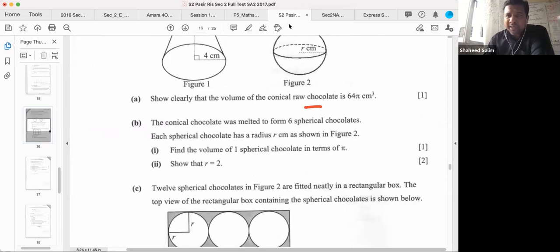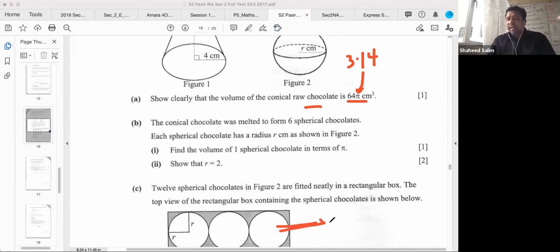So we did not find out the exact figure. Pi is 3 point something, 22/7 or 3.14. So if you don't times the pi, you don't know the exact figure. Your volume of the rectangular cuboid doesn't have a pi, but the volume of the spheres have a pi. So you must convert now to pi.